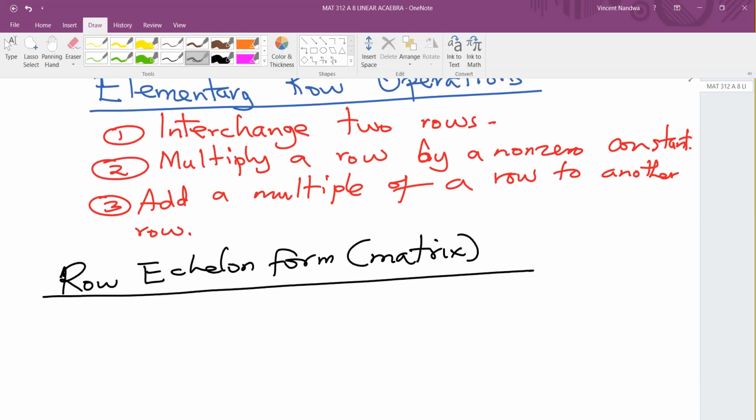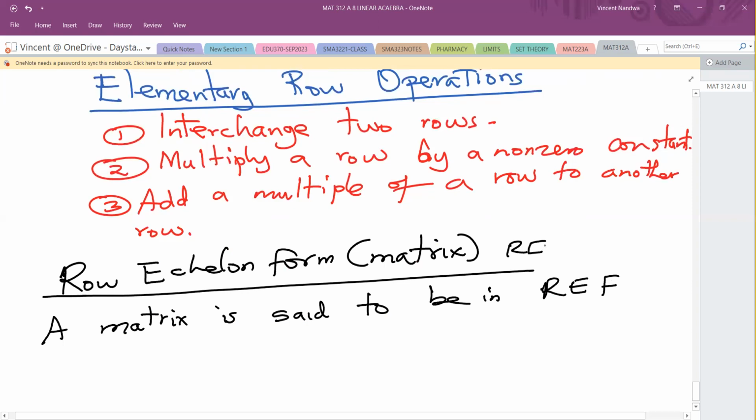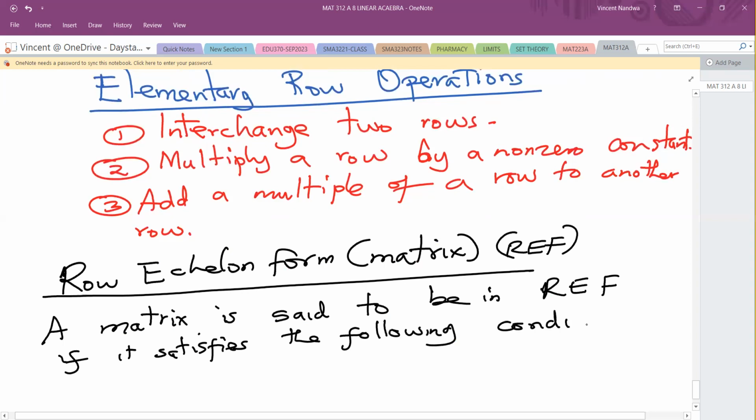So a matrix is said to be in row echelon form if it satisfies the following conditions or properties.